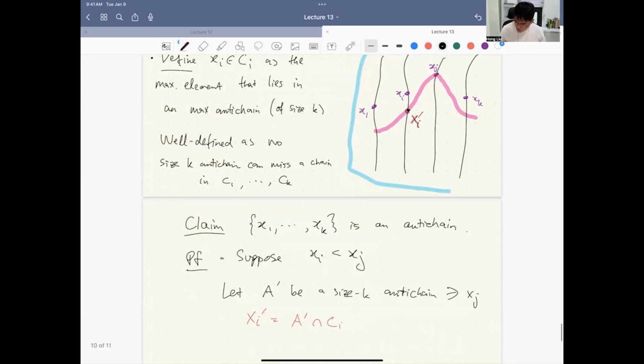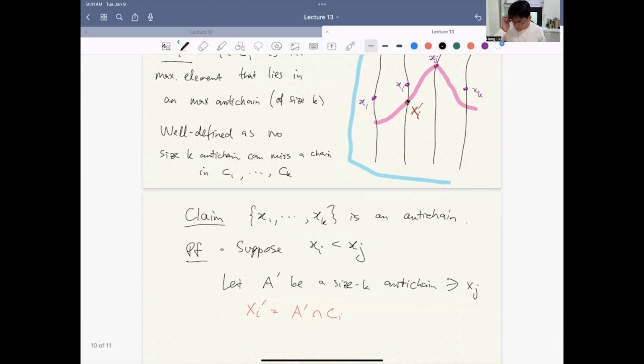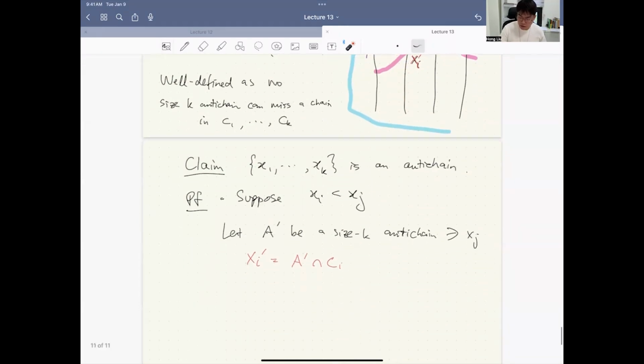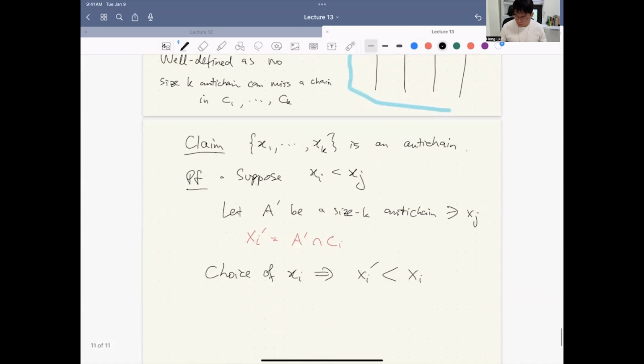Then by definition, by choice of xi, it is the maximal element a size k anti-chain can possibly intersect in Ci. That means xi prime must be less than or equal to xi in this chain. Choice of xi implies that xi prime is less than xi.